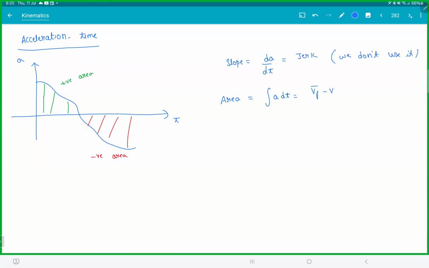Be careful, this was asked in the mains of BITS, I guess. The AT graph gives you what? Velocity, change in velocity, something like this. People wrote velocity and came. It gives you change in velocity.